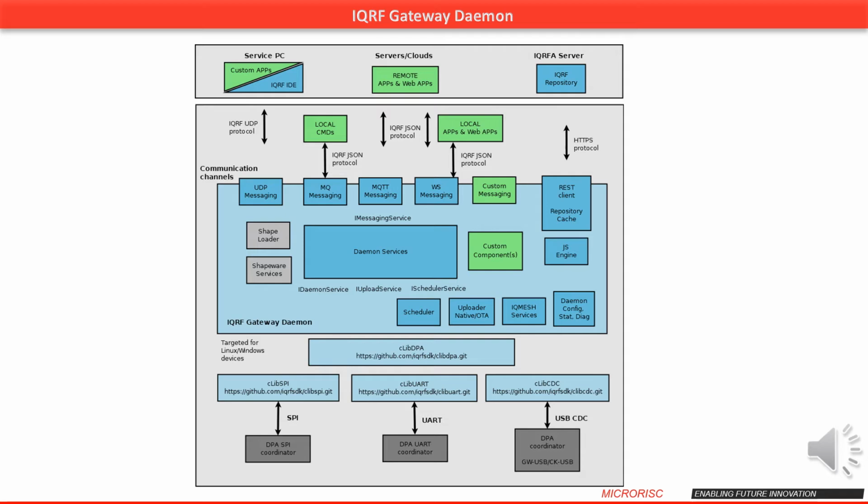The uploader will allow firmware upgrades of the Iqrf transceiver. This can be done directly in the gateway or over the air, in case we are updating the firmware of any module in the network or the whole network at once.